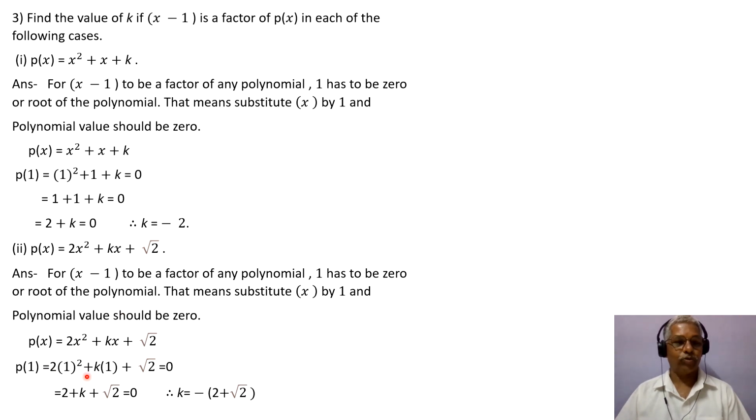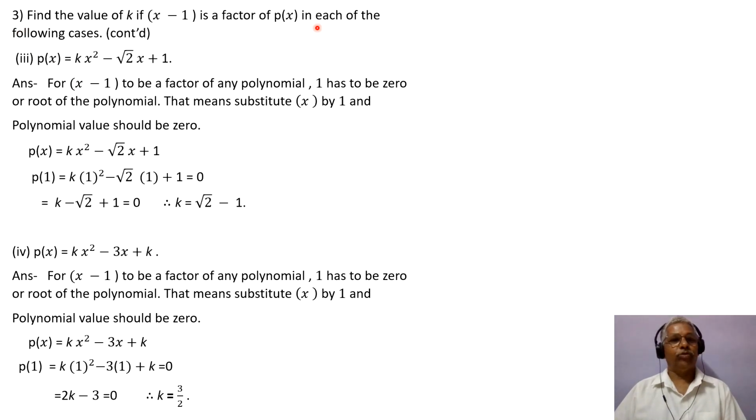So 2 into 1 square plus k into 1 plus root 2. If you solve this, 2 plus k plus root 2 equal to 0. So all this will come on this side with change of sign, so k is minus into bracket 2 plus root 2, or k is supposed to be minus 2 minus root 2 if the bracket is omitted. Very simple.